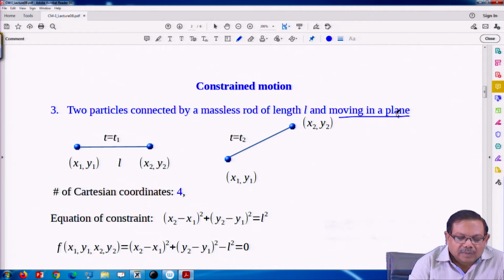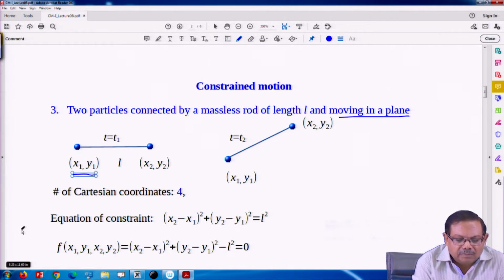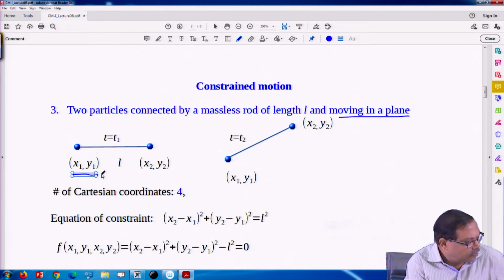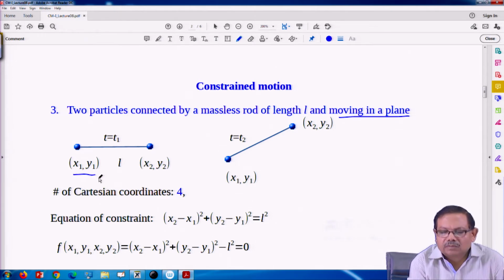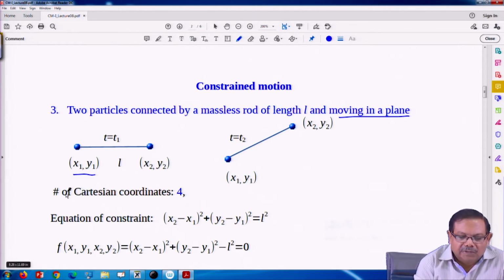So, the position of the first point mass is x1, y1 with respect to some coordinate axis I choose. So, I can choose a coordinate axis somewhere on this board, okay. And with respect to that, the coordinate of the first mass.